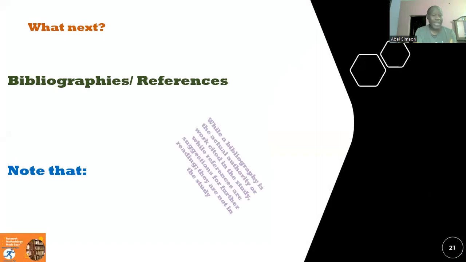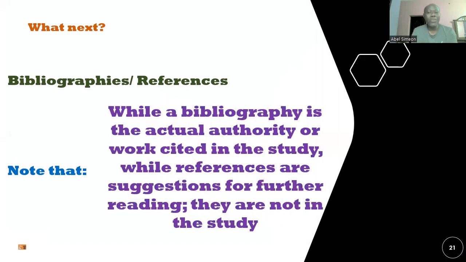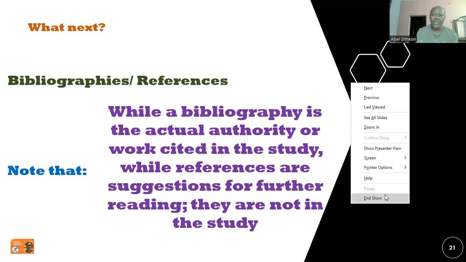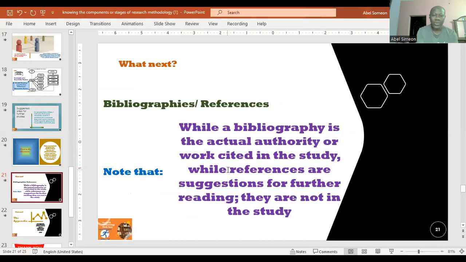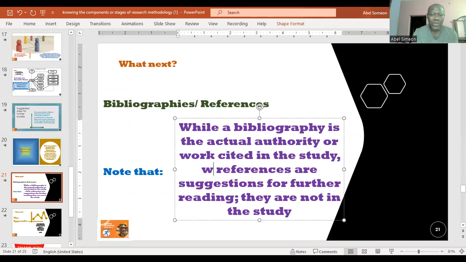But you should note that while the bibliography is the actual authority or work cited in your study, the references are suggestions for further reading. They are not in the study. So you should know the difference between these two.